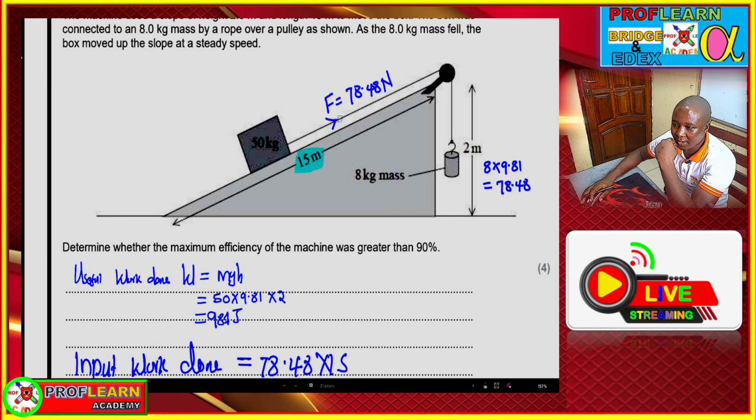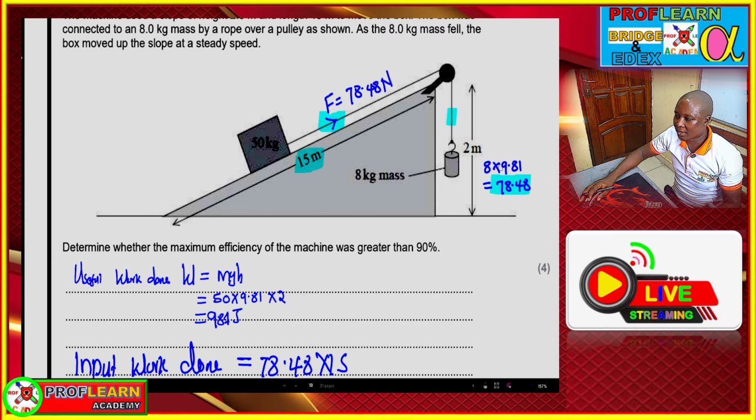That force is equal to the weight of this particular mass that is hung. The tension in the string on this side and the tension in the string on this side are equal. Which means the force with which this is going to be pulled up the inclined plane is equal to the weight of the mass that is hung here.